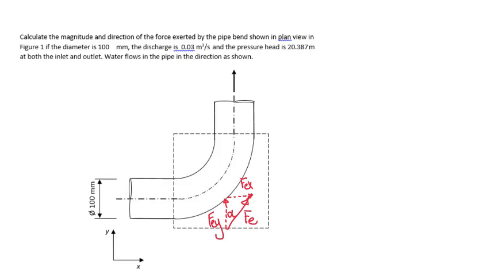So first of all, we know that there's a discharge. So if there's a discharge, we know that there will be a velocity in the direction of flow. So we have velocity 1. And we will also have a velocity going out. In this case, it will be in the same direction as flow, and that will be V2. Okay, and now let's do pressure.